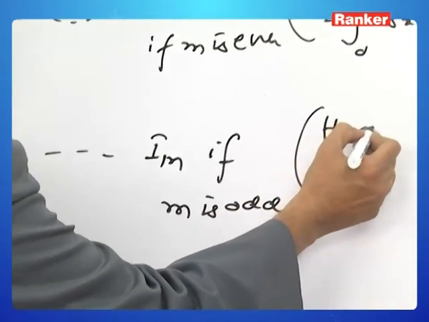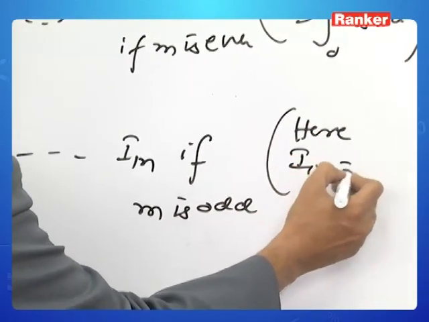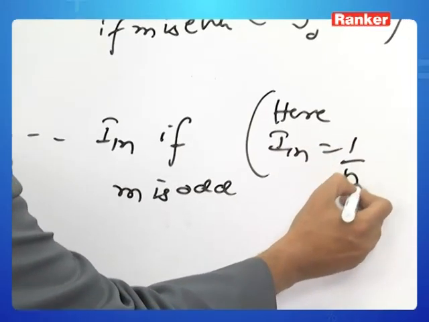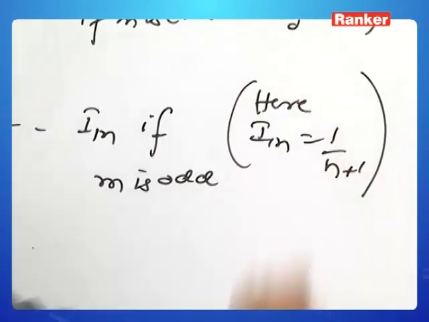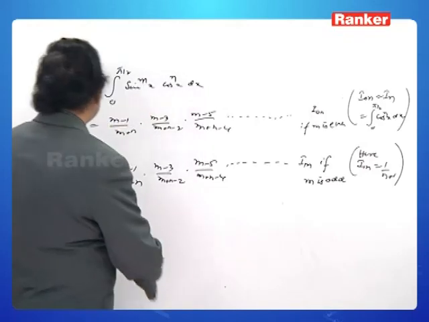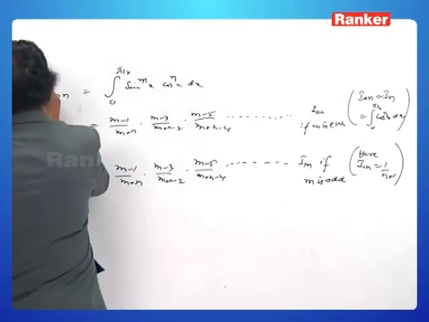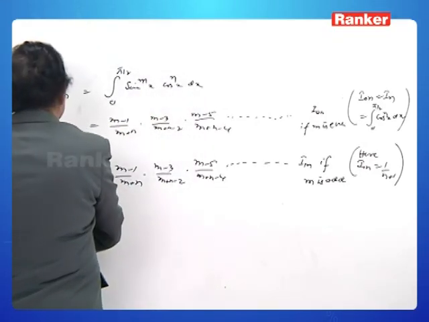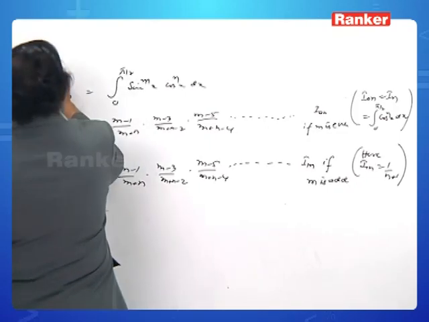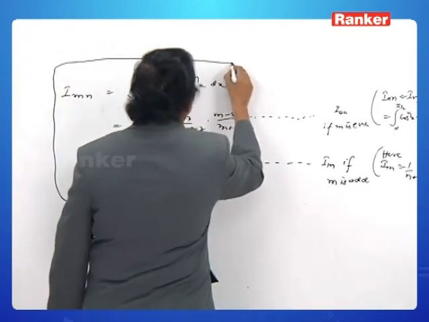Here I1n is equal to 1 by n plus 1. This is of course the brief sketch of this extension of Wallis formula.